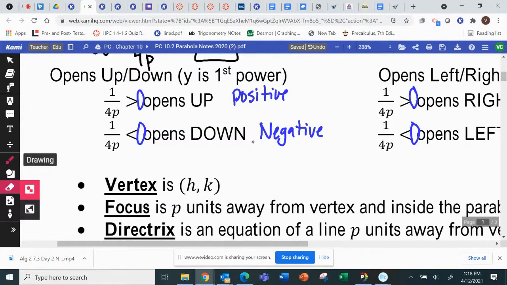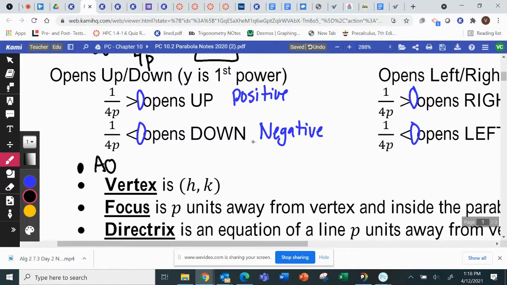Now, before I do vertex, I forgot. Well, I didn't really forget. I'm going to add in something we've already covered. So I didn't put it in here, but I'm going to go over it. Do you guys remember doing the AOS, axis of symmetry? So the axis of symmetry goes through the middle of the parabola. It's that line of symmetry.